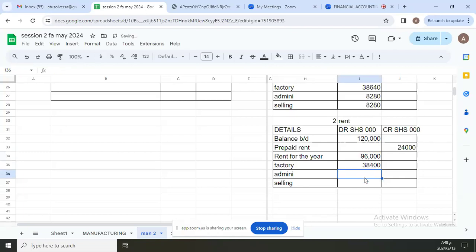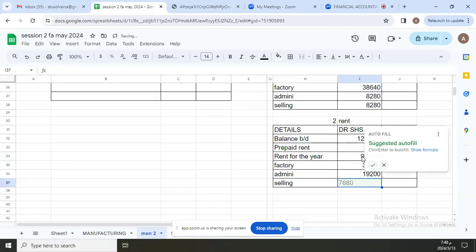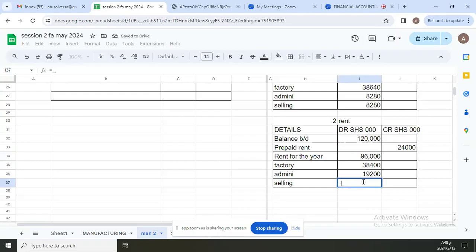So we come here, we say equals to this one times 0.4. I say here, still 96,000 times 0.2. I get that. I come here, I say 96,000 still multiplied by 0.2. I get that.